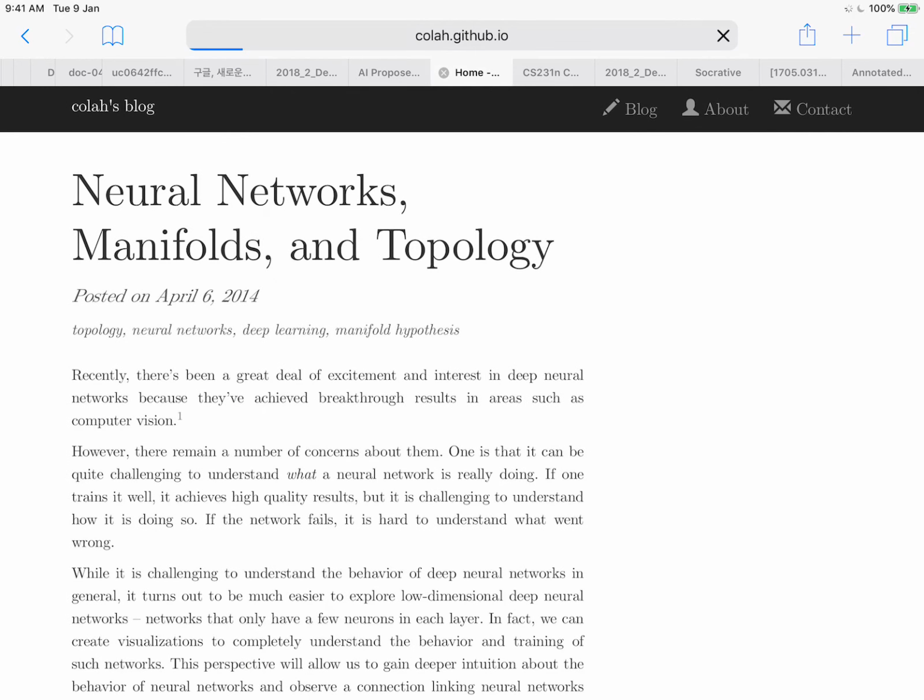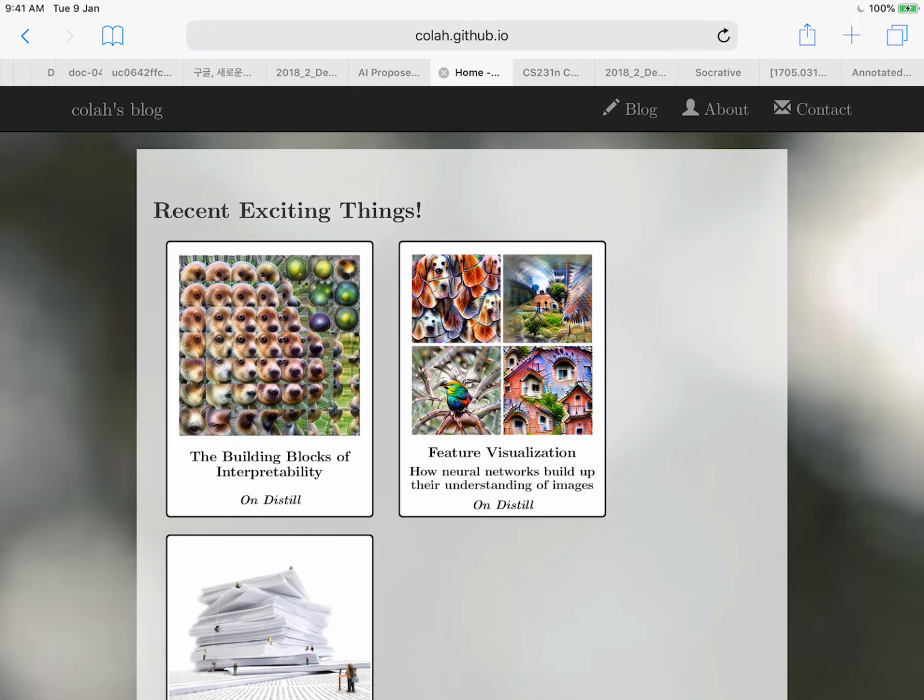So did I mention this blog? Posted by Chris Olah. He's a researcher working at Google Brain. But interestingly, as far as I know, he doesn't have any higher educational degree such as a master's or PhD.